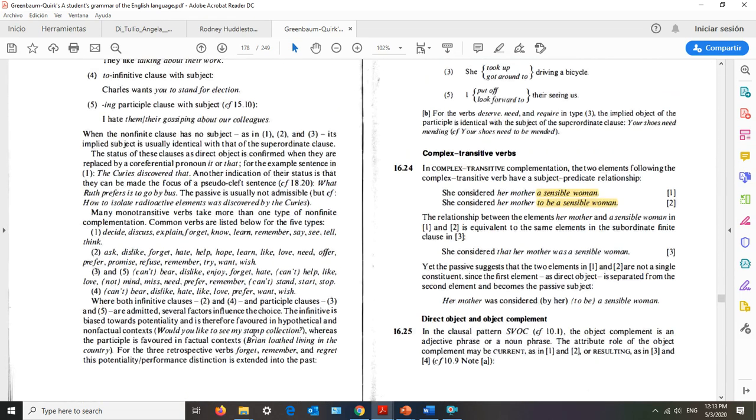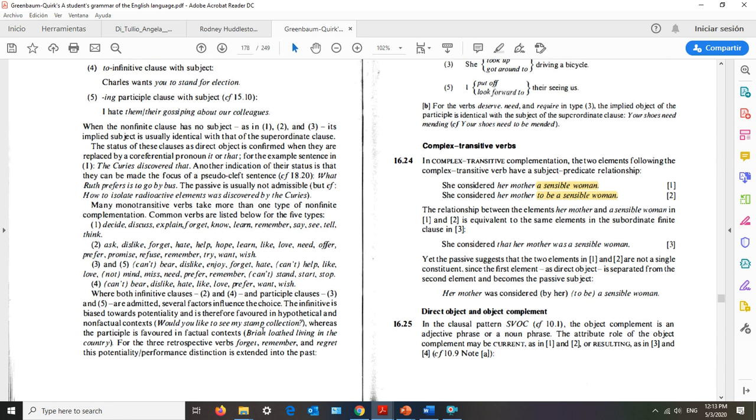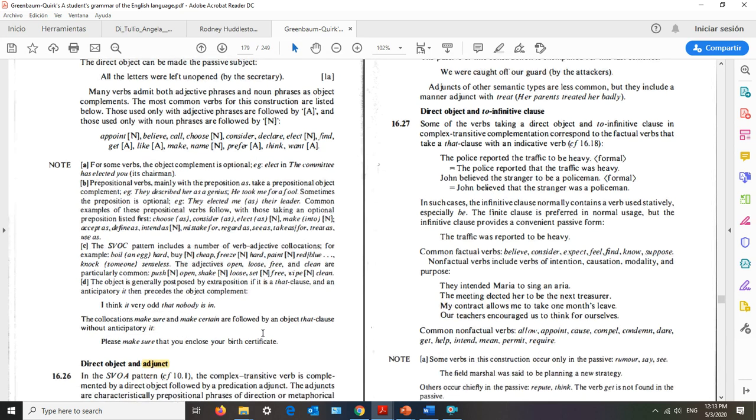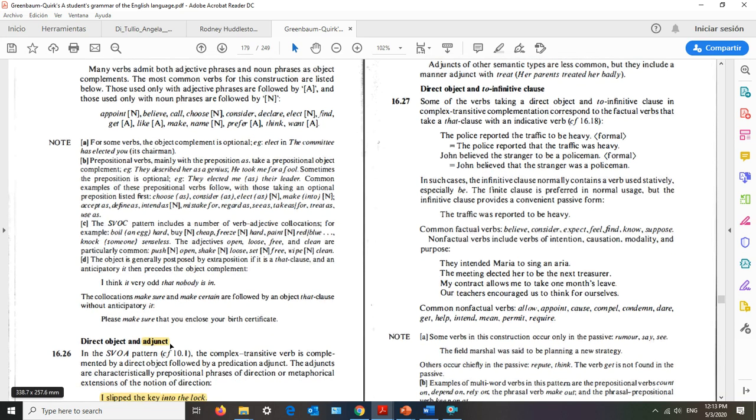So the pattern for complex transitive verbs is that you have a direct object, first and foremost, and then you can either have an object complement, as it says here, or an adjunct or obligatory adverbial.